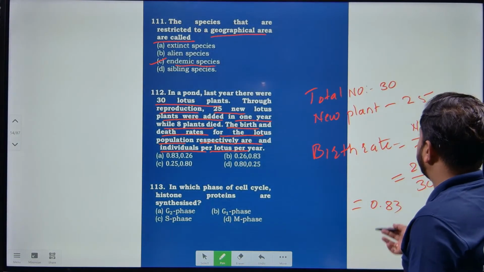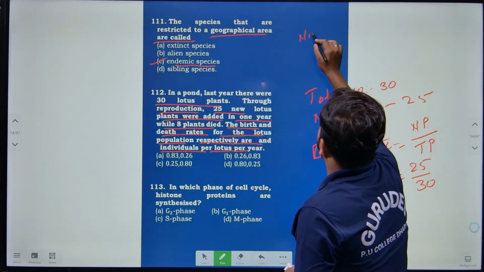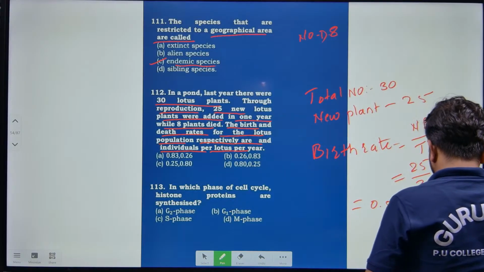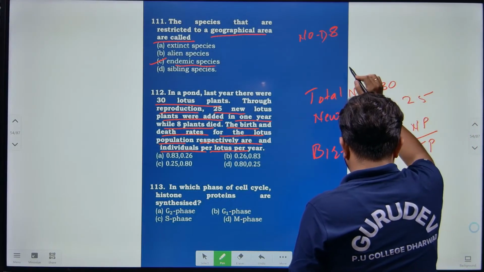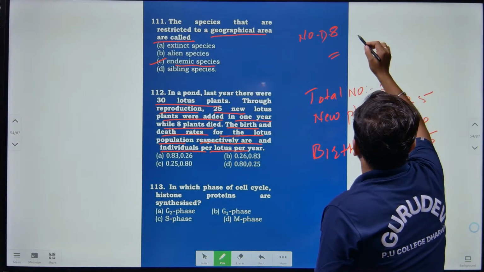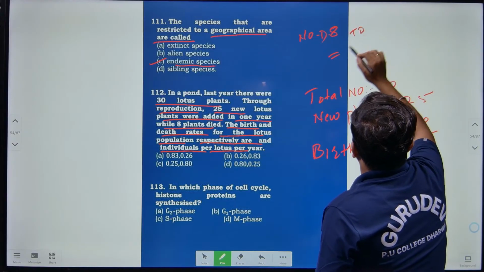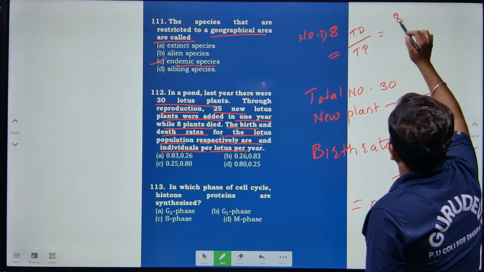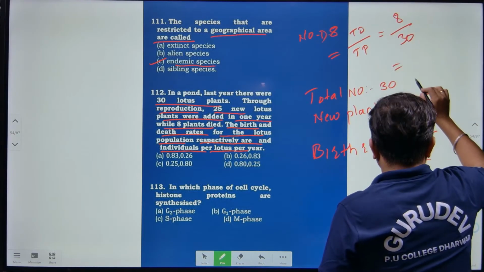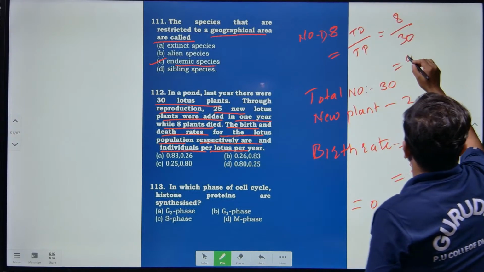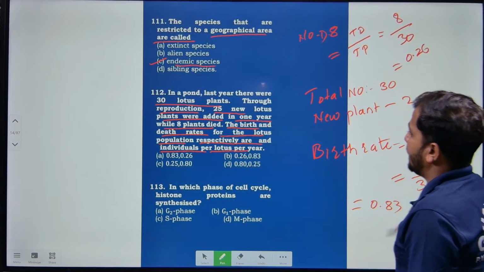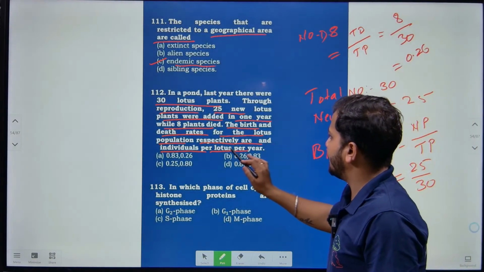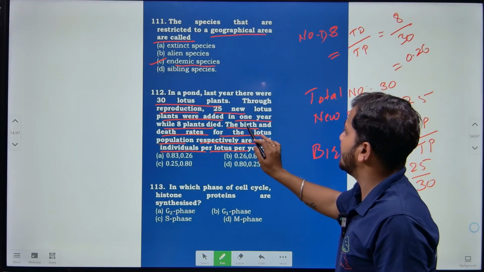Next, the number of deaths they are saying is 8. The death rate is the total number of deaths divided by the total number of plants, so 8 divided by 30, which gives 0.26. First they asked for the lotus birth rate and death rate.